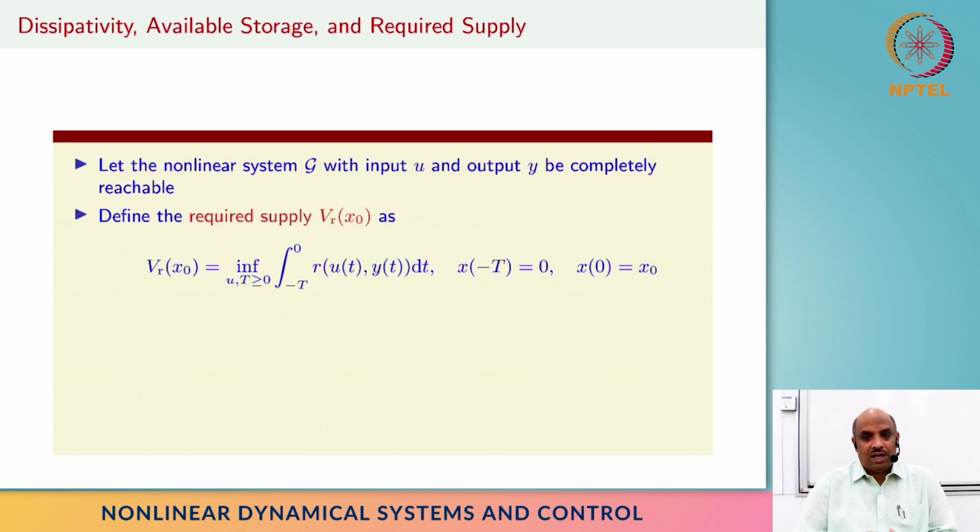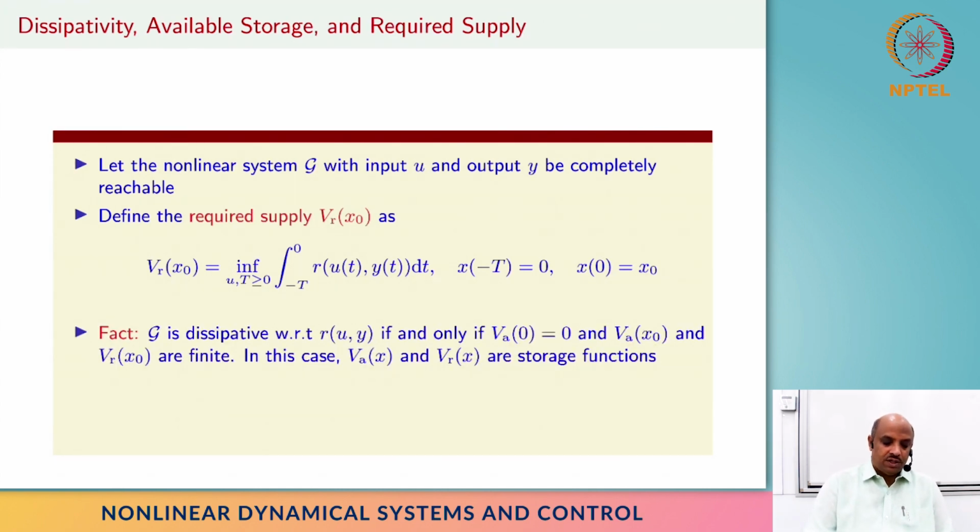And then it's a physical interpretation. Available storage is I am at a particular initial condition, how much energy I can extract. Whereas required supply, I am at the origin to come to basically a particular state with probably some energy level, so to speak. So what is the amount of energy that's required? So that's why it's called required supply or required energy supply.